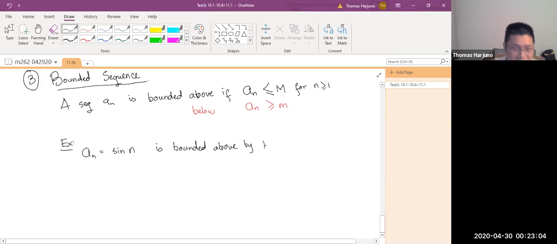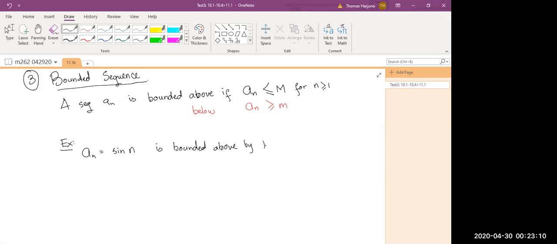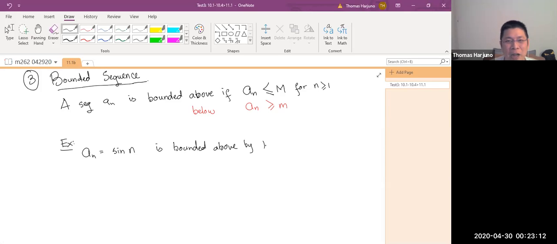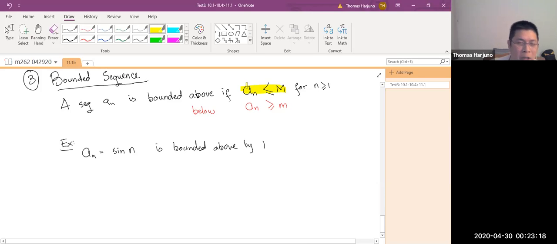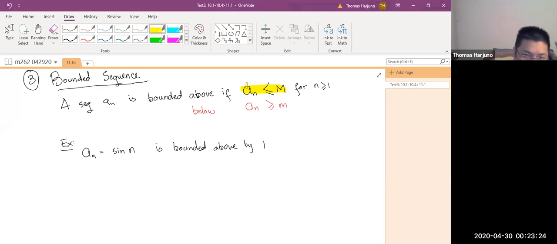Okay, actually you can say 2 too, right? Yeah. Right? As long as you can bound it above, okay? As long as this inequality is true, you can find some number that is consistently above that value or equal to that value. So upper bound, we call this one upper bound, is not unique.